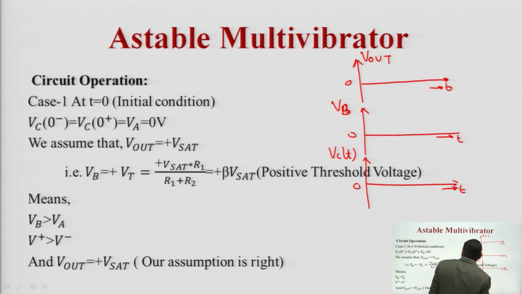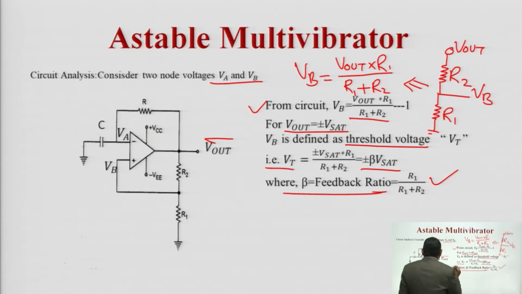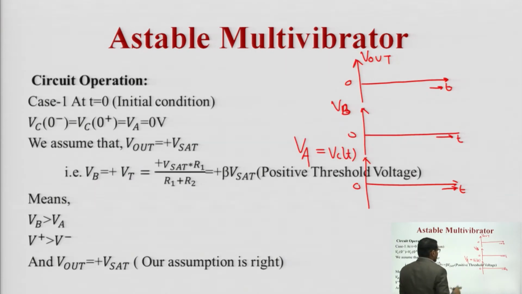Now, consider the case first. In case first, we assume that V_A equals 0. We assume that initially the capacitor is discharged, meaning V_C(t) equals 0, and we know that V_C(t) equals V_A from the circuit. If you see here, this is the V_A and this will be equal to V_C(t).